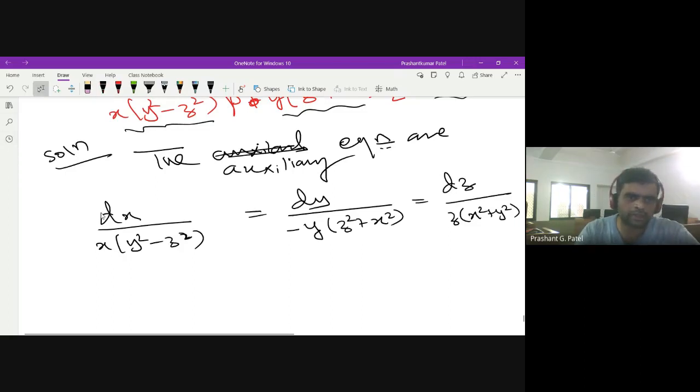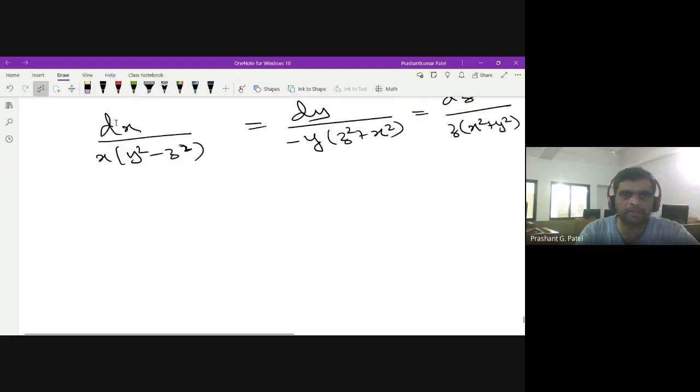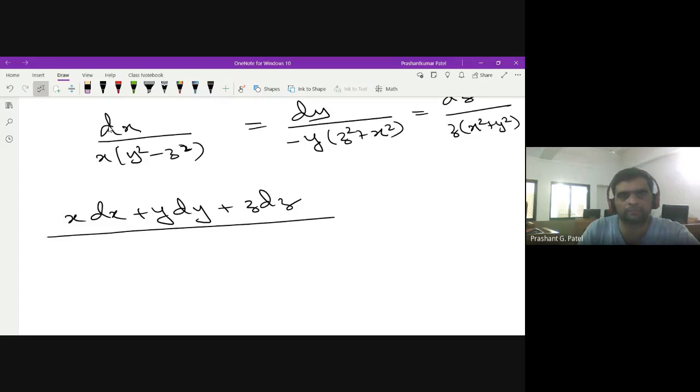So what will happen is, if I multiply x to the first equation, y to the second equation, and z to the third equation, and add them.